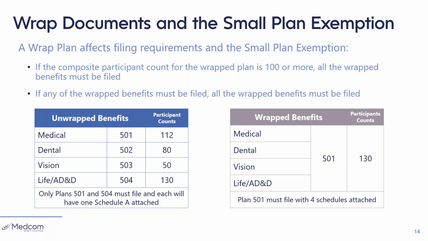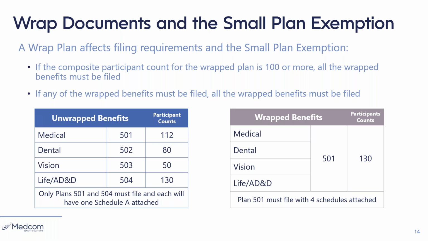Now, what about wrap documents when you have the small plan exception? Well, a wrap plan will still affect filing requirements for the small plan exception. If the composite participant count for a wrap plan is 100 or more, all wrapped benefits must be filed. What does that mean? So here we have an unwrapped benefit where you have medical, dental, vision, life.